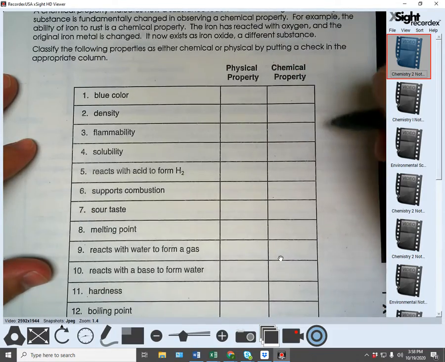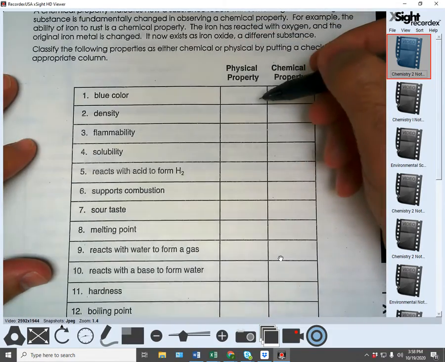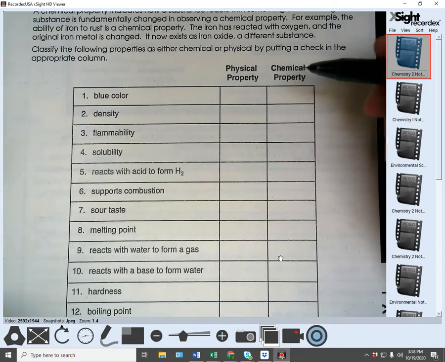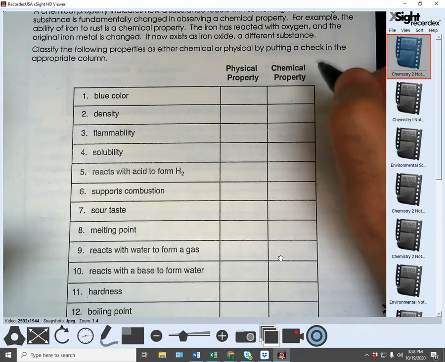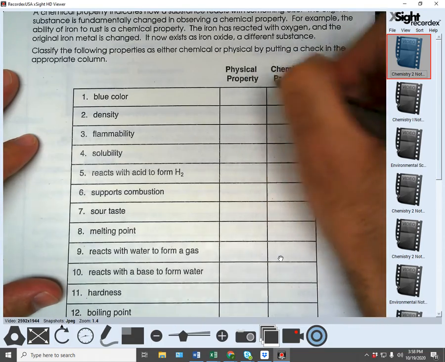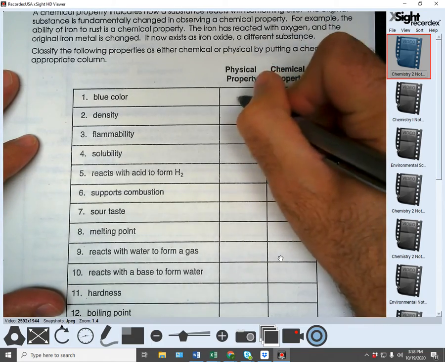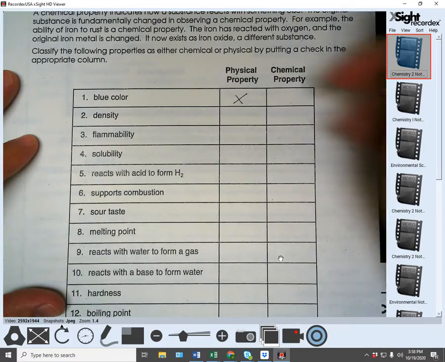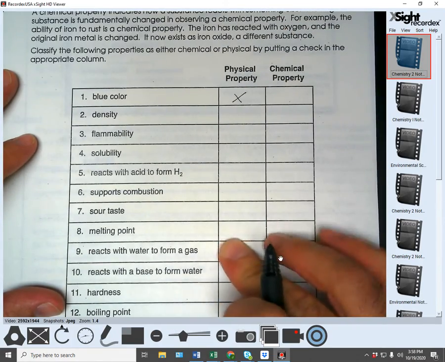If it's a chemical property, you mark that. So like blue color. That's something you can observe without turning it into something new. So that would be a physical property. Like that. So you just mark one or the other based on what it is.